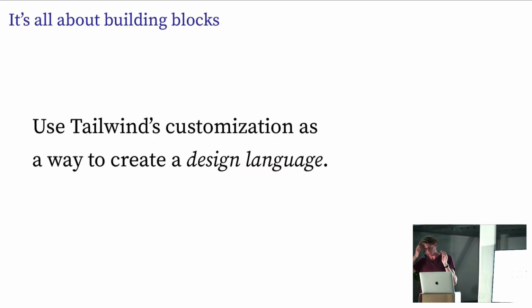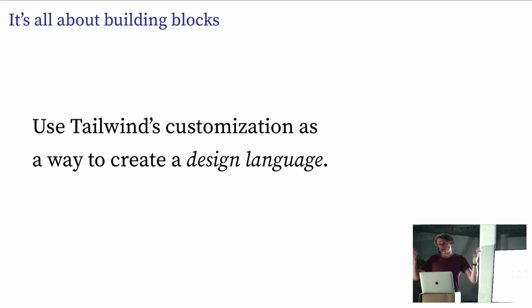And then the last part, which is maybe the main part that's empowering about Tailwind, is that the way I think about Tailwind is that it's there to create a design language. So notice that in the utility classes, you had MB1, MB2, MB3, MB4, and that 1, 2, 3, and 4 is not pixels.